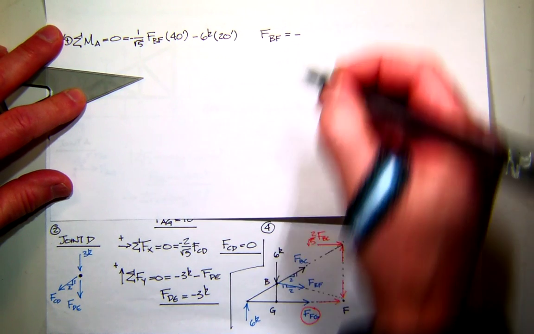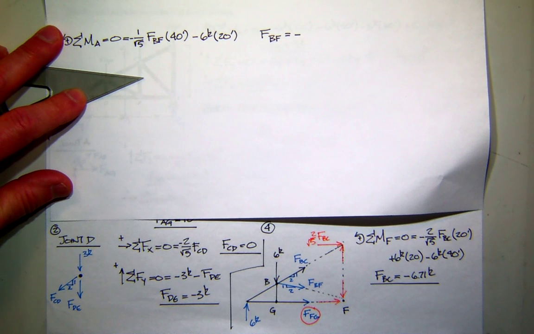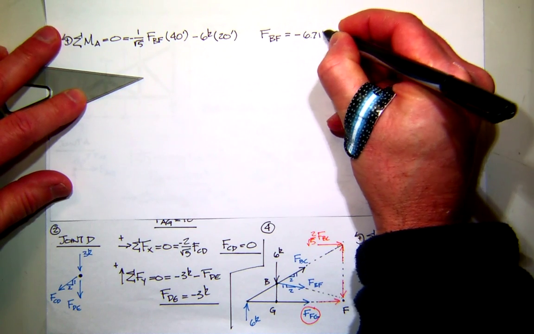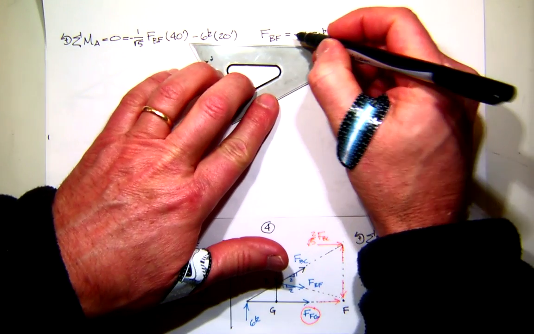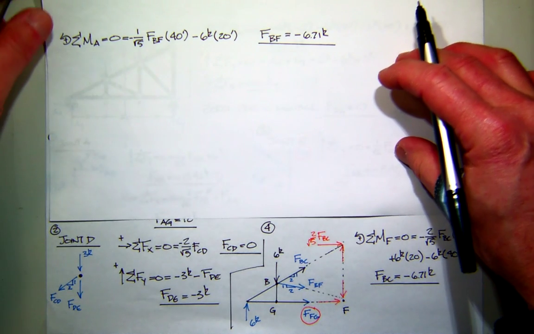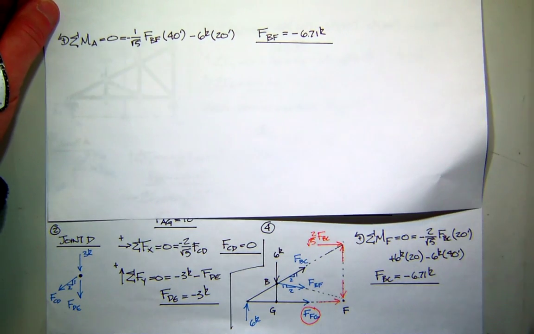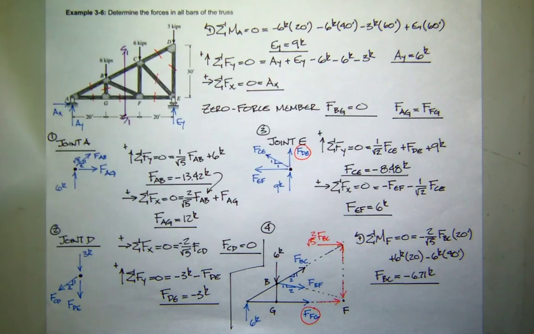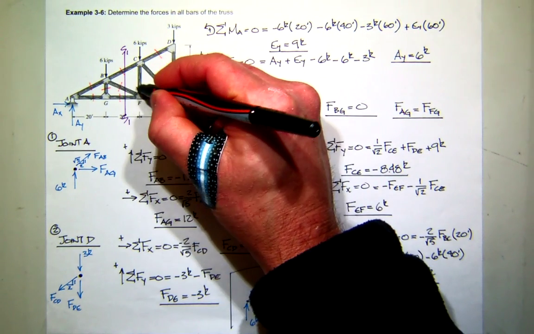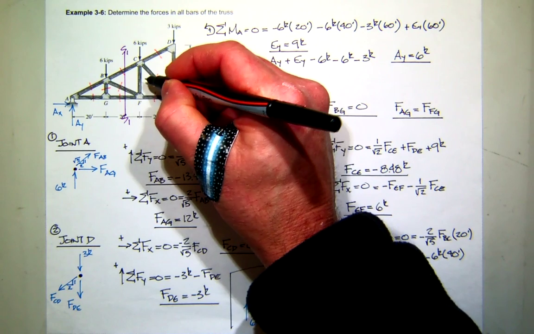It looks like it's going to be negative 3 times the square root of 5 again. 6.71. Okay, so that gives us this one and this one, and we're only left with this vertical.